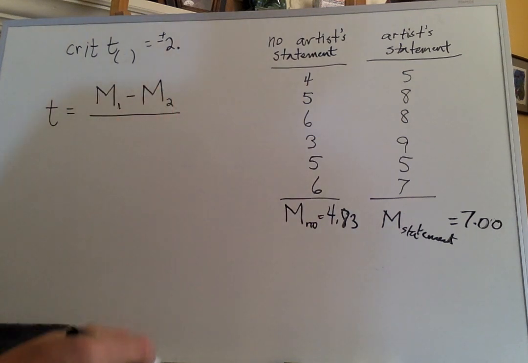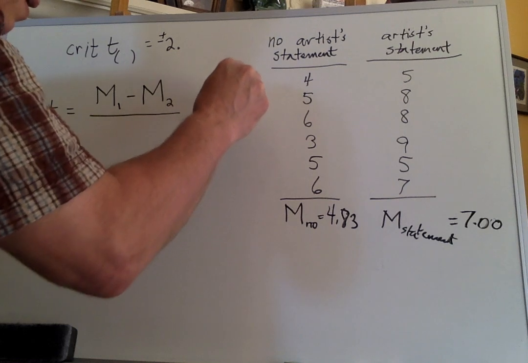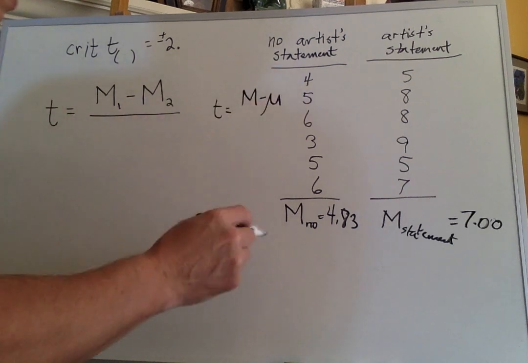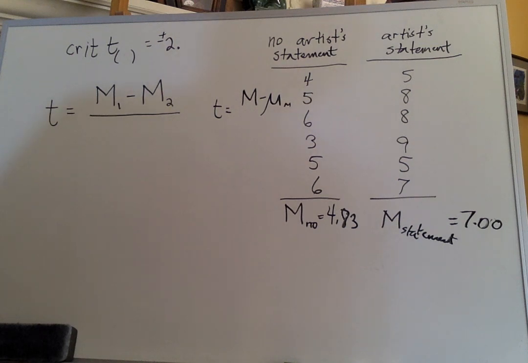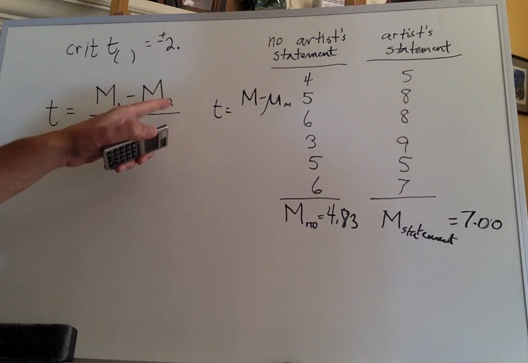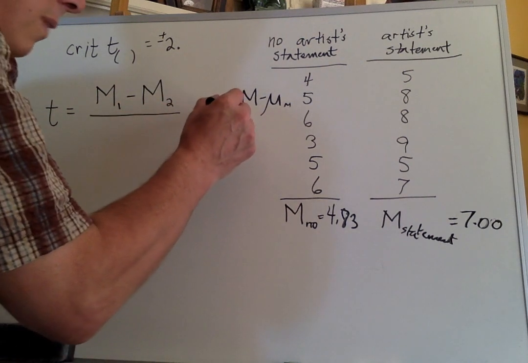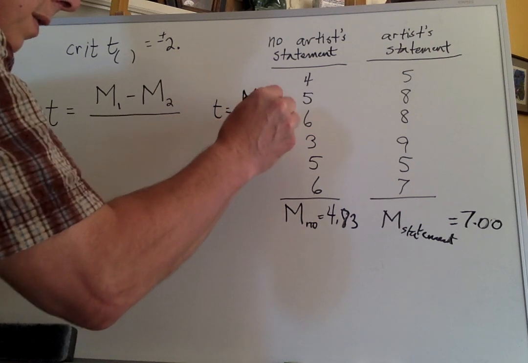Now, if you recall our single sample t-test, it had a mean, but we were given some population mean, right? So all we're doing here is replacing that with another mean. We're going to compare the 2 means. And then we had a measure of variability here.